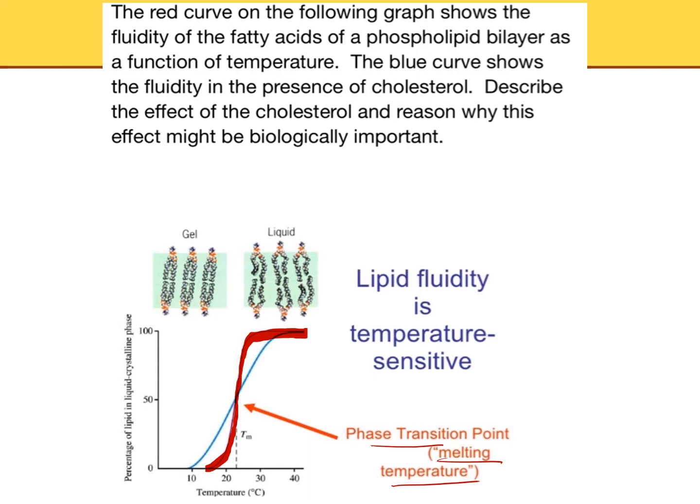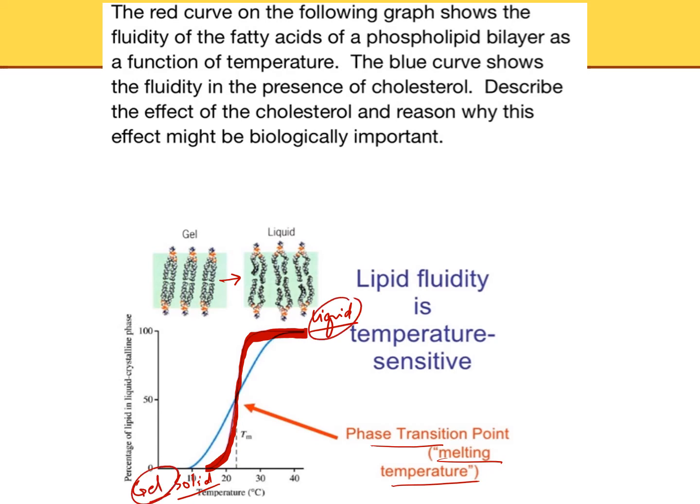Let me write this properly: at low temperature you have solid or crystalline, and this is the liquid or more fluid state at high temperature. So this is what you normally see, the gel to liquid transition. So this is gel, and this is liquid.